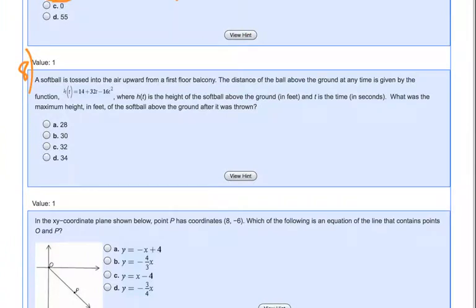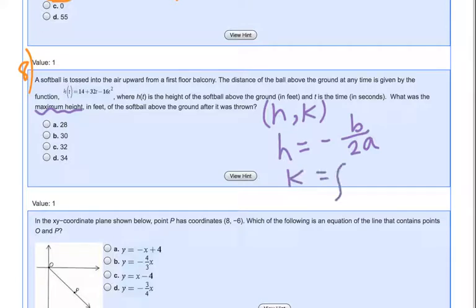For number 8, this question is about the maximum height from the quadratic function. So you have to know that for the vertex (h, k), the h will be negative b over 2a, and then the k will be f of h. That's the formula. So first of all, we have to get h.